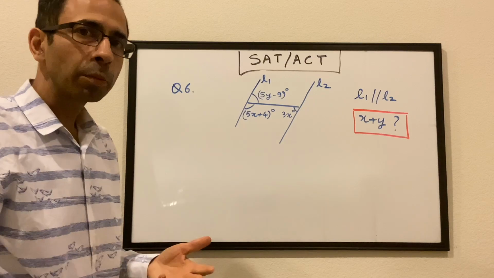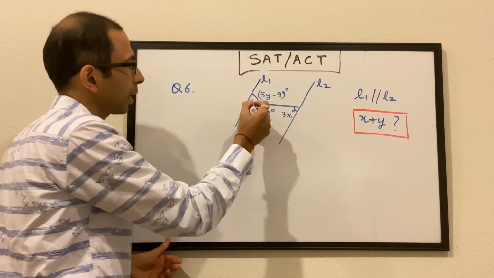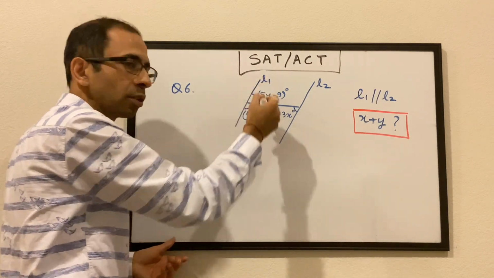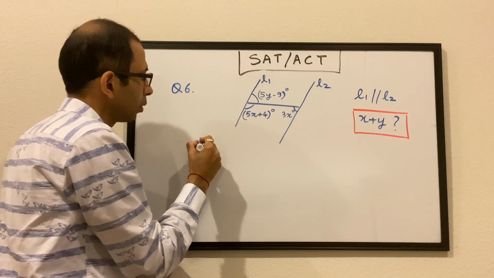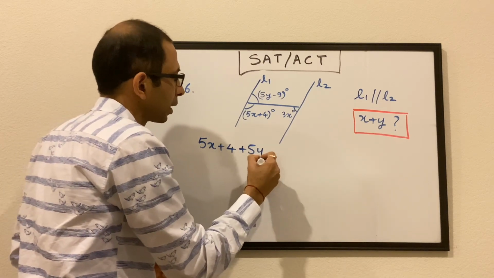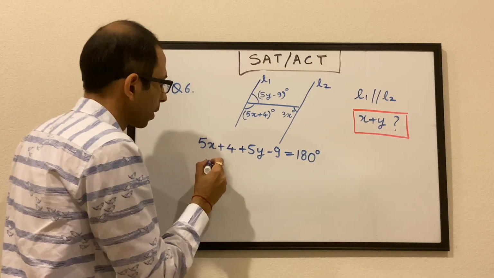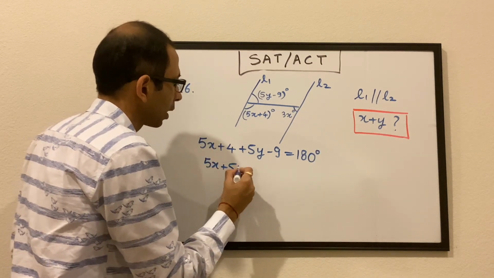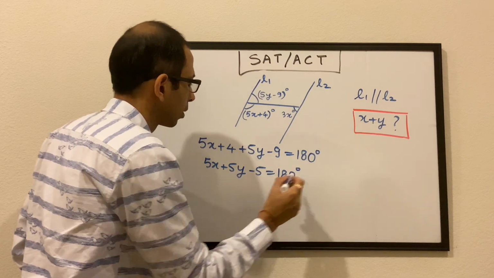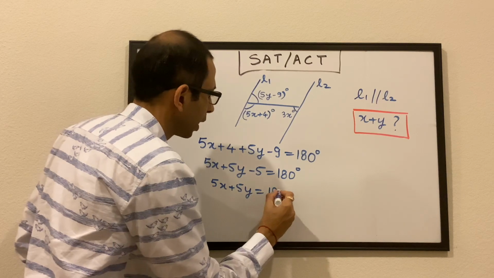Now when we look from that perspective, right, we do see that this angle plus this angle is equal to 180 degrees, right? Because it's a straight angle. Let's see what happens when we do that. So 5x plus 4 plus 5y minus 9 is equal to 180 degrees, right? 5x plus 5y minus 5 is equal to 180 degrees. 5x plus 5y is equal to 185 degrees.